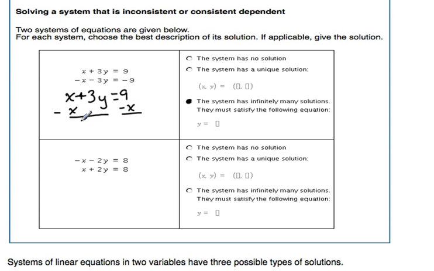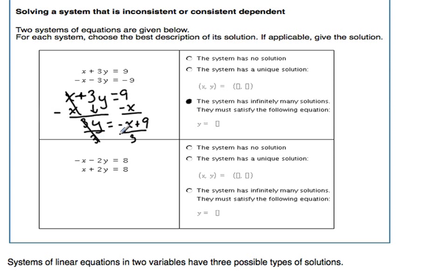And what we'll wind up with is 3y equals negative x plus 9. The next thing we'd like to do is divide both sides of the equation by 3.